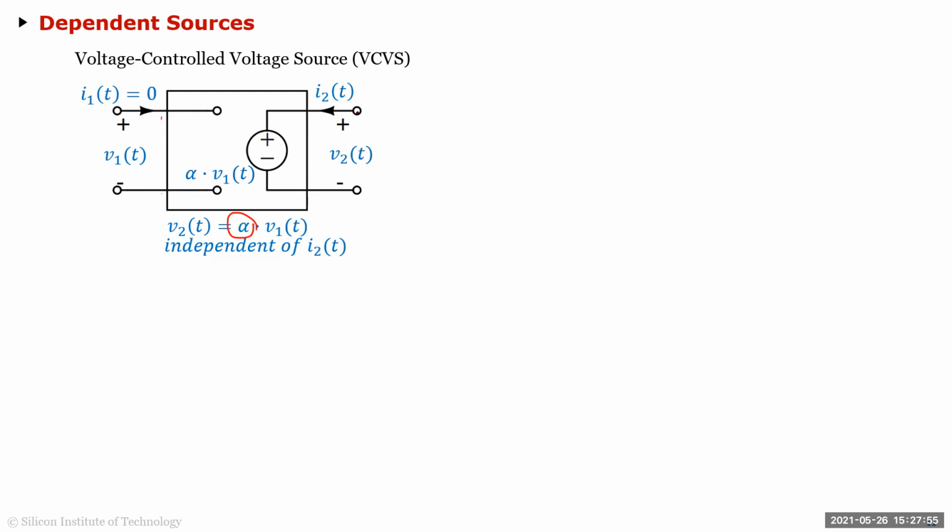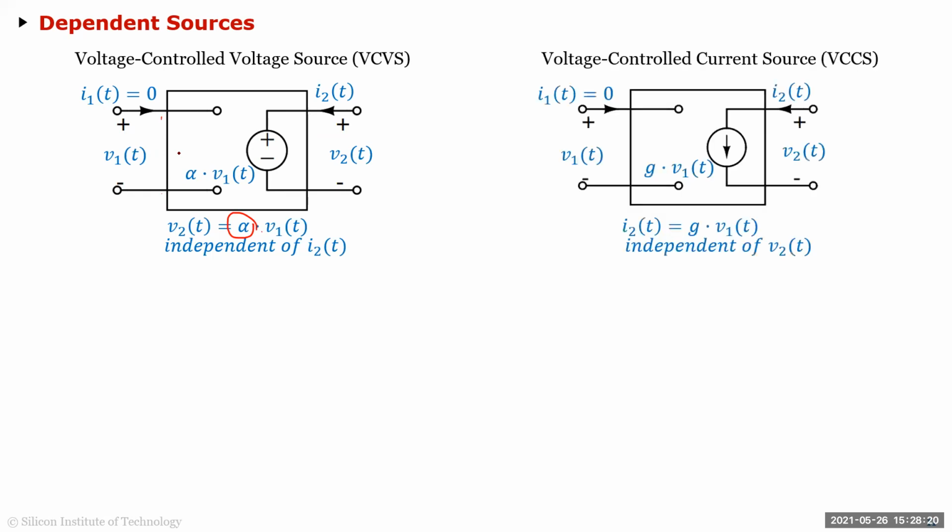And the output impedance is zero, in the sense that the output voltage is always alpha times V1(t), doesn't matter what the current is flowing through it. So the output looks like an independent source, but it's controlled through these two. And typically op amps, for example, we will model through this VCVS.